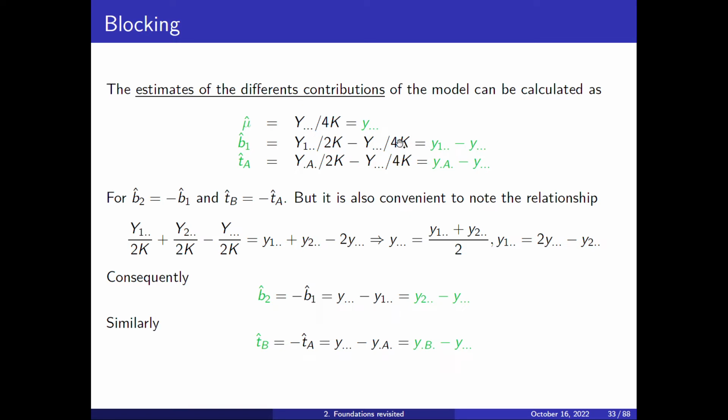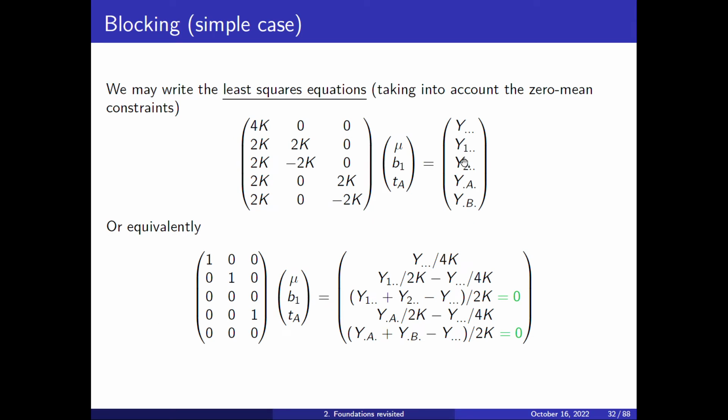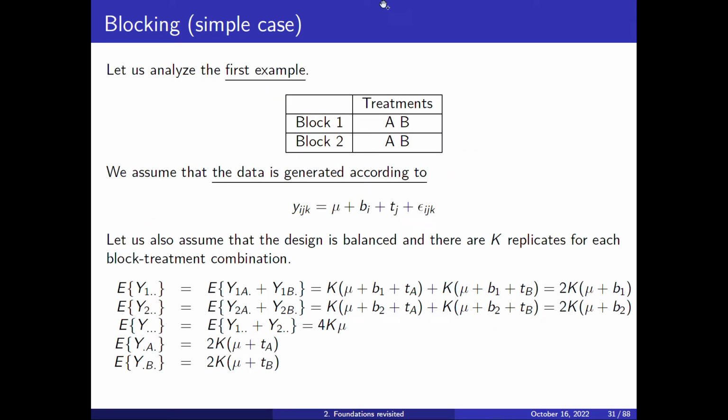That is the kind of rule that we have already introduced at the beginning of the course. So if you want to see what is the effect of a block, you compute the mean of that block and then subtract the overall mean, and the same for the treatments. But this is true under the assumption that all blocks have seen all treatments.